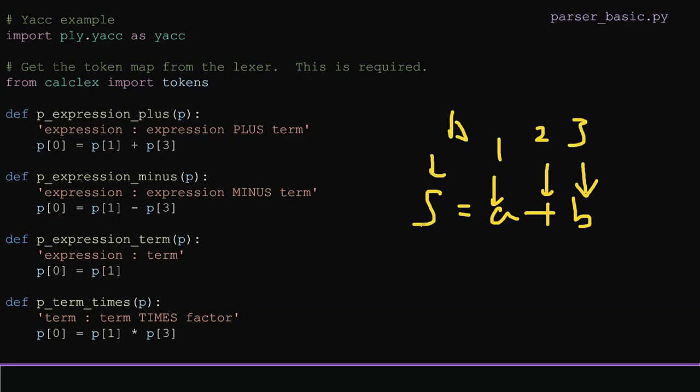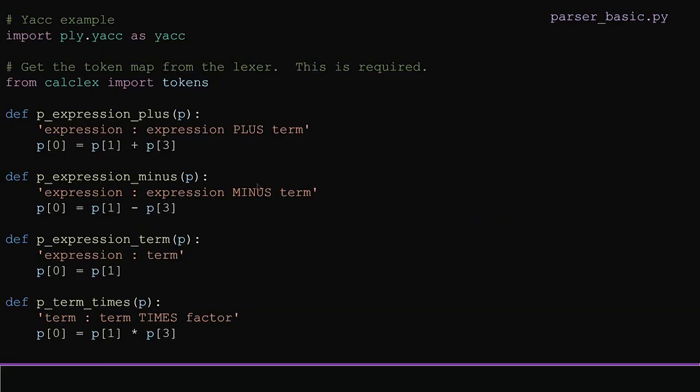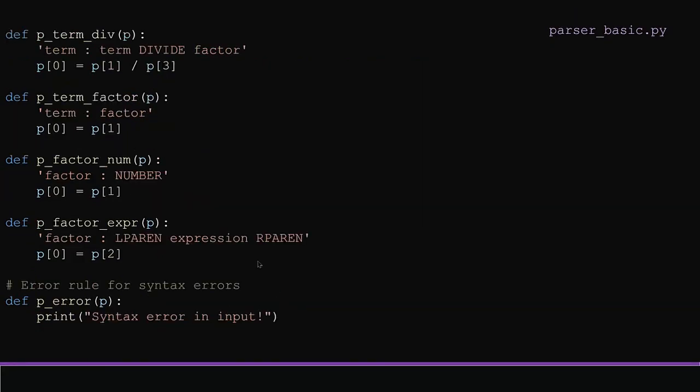Okay, for a plus sign rule. Minus sign rule is like this. Okay, assignment rule is like this. Times rule, dividing rule, factor rule, factor number rule, factor expression rule.